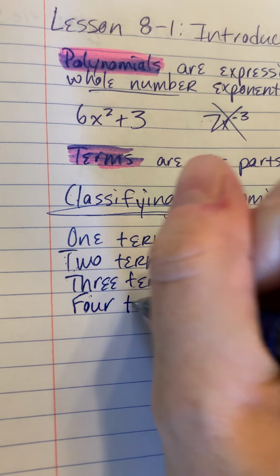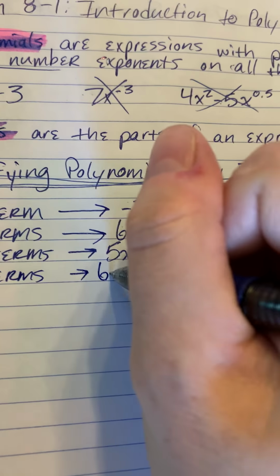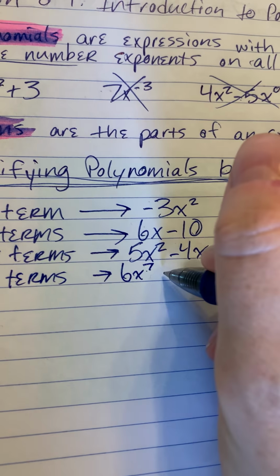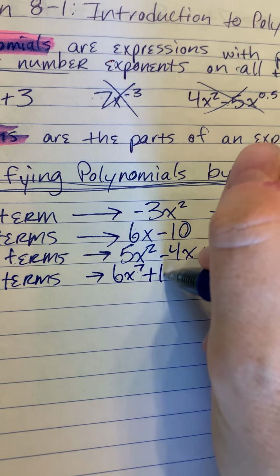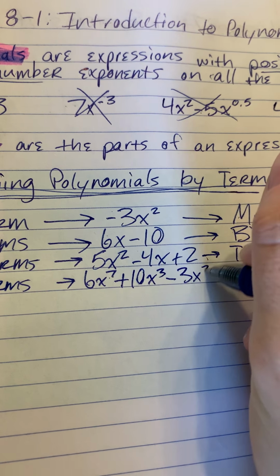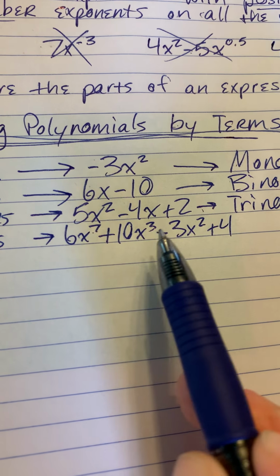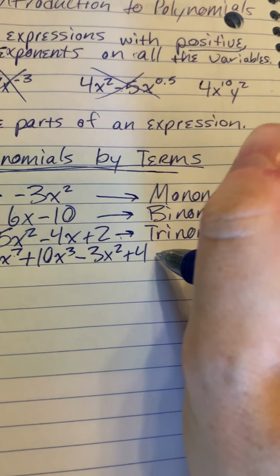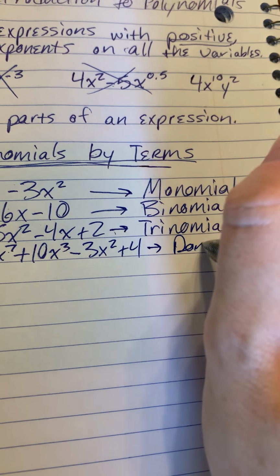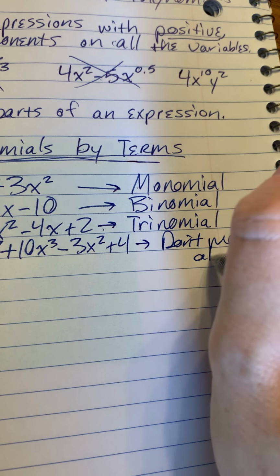The examples are just going to get longer and longer. 4 terms, 6x to the 7th plus 10x to the 3rd minus 3x squared plus 4. That's 1, 2, 3, 4 terms. But we don't care about the names after that point. So I'm putting don't worry about it.